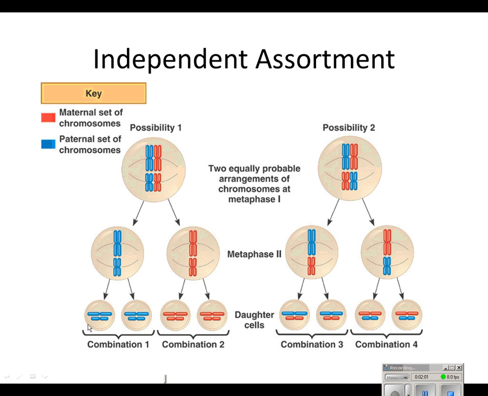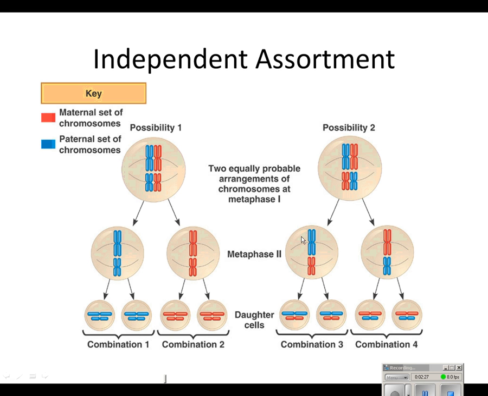So here we end up getting all of the paternal chromosomes in these cells and all the maternal combinations in these cells. But over here, when they lined up in meiosis 1 or metaphase 1, they switch places. So now we can get some of the paternal chromosomes in one cell and the maternal chromosomes in the other. And if you notice, they're different sizes too.